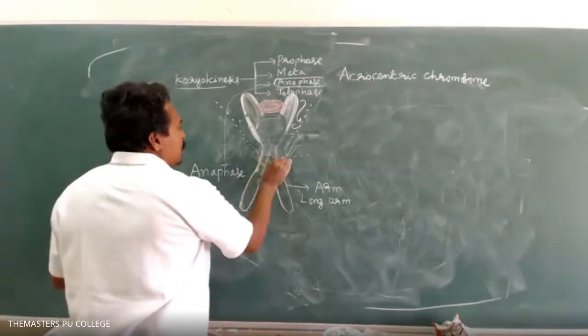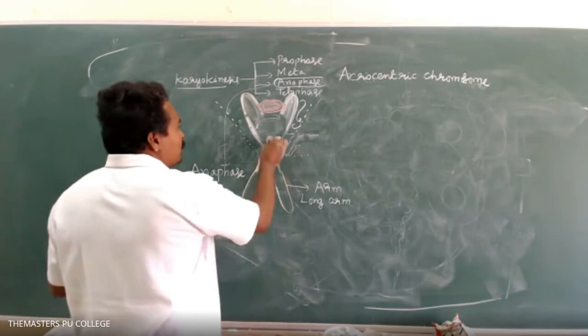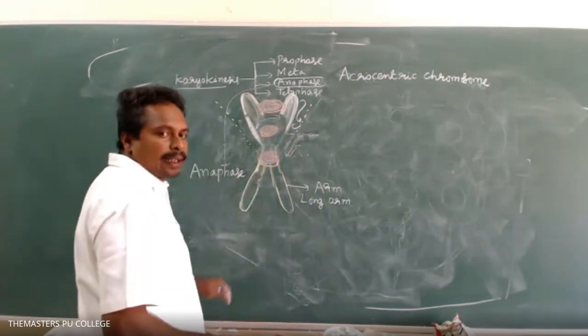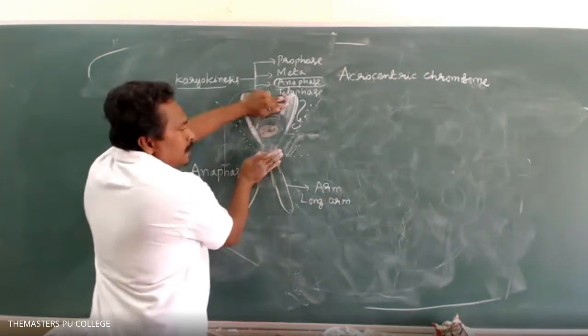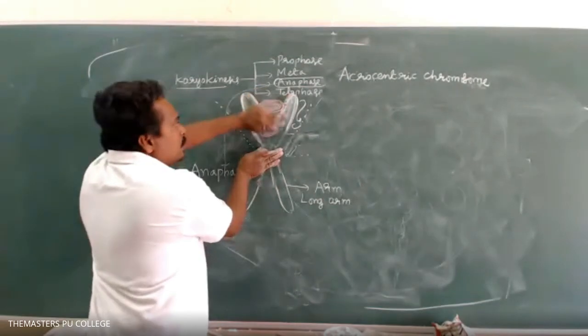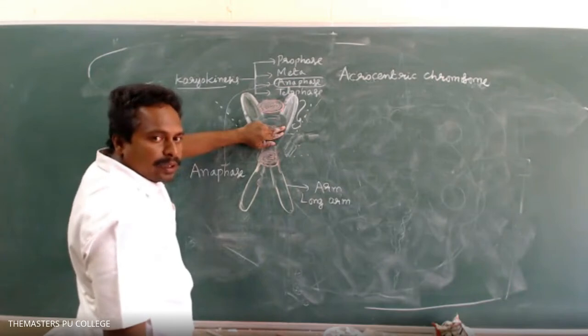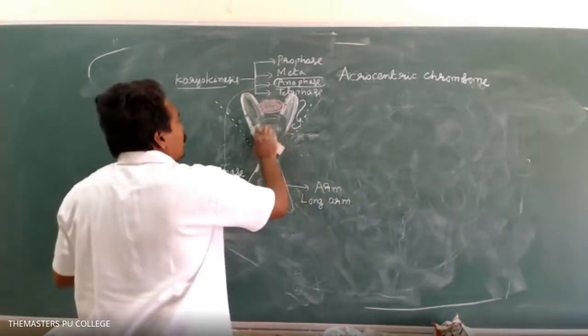In metacentric, the position is exactly at the center, whereas in submetacentric it is slightly away from the center. In acrocentric, it is near to one end of the arm of the chromosome. Right.